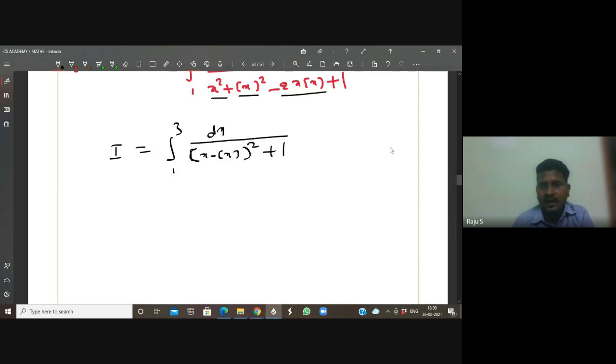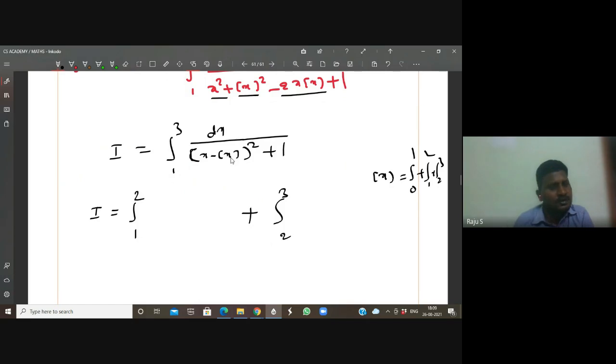Right, here greatest integer is nothing but what I told you. The interval you can divide like this, 1 to 2 plus 2 to 3, like that. Got it? When I take I is equal to the integral from 1 to 2 plus 2 to 3, that's all. It's not x square, it's not x cube, it's not square root of x, just the greatest integer of x.